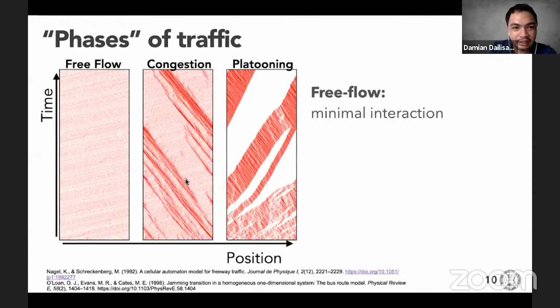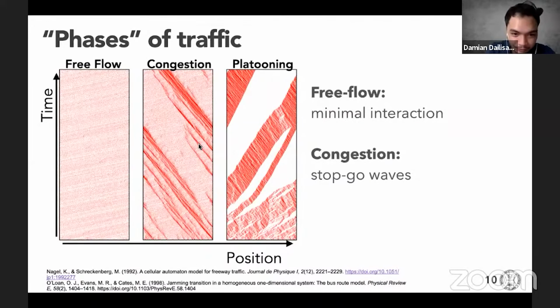When there are more vehicles in the system, you will have congestion. So congestion looks like the space-time diagram of the Nagel-Schreckenberg model, where you had the phantom waves. So in a congested phase, you will have stop and go waves, which is seen by these dark bands that move backwards on the road.